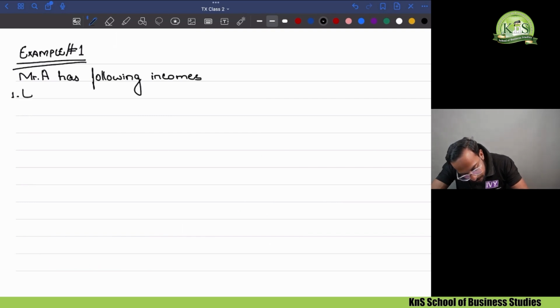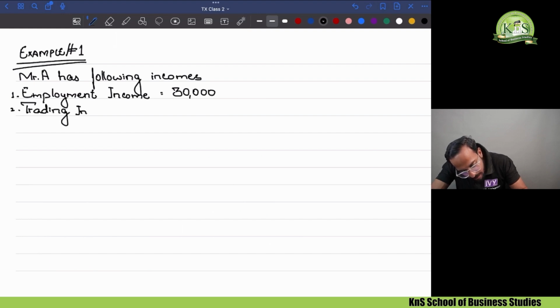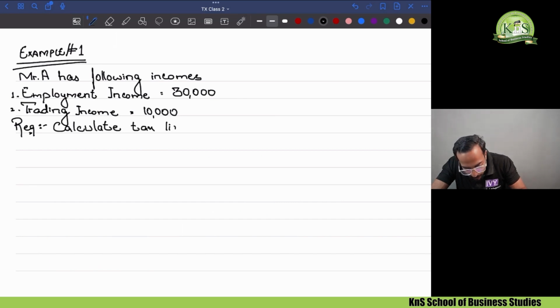Number 1, employment income, let's suppose 30,000. Trading income, let's suppose it is 10,000. Got it? Required: calculate tax liability.